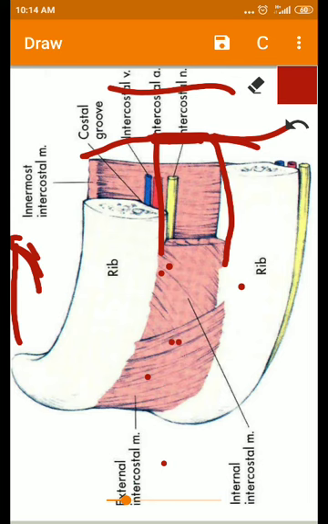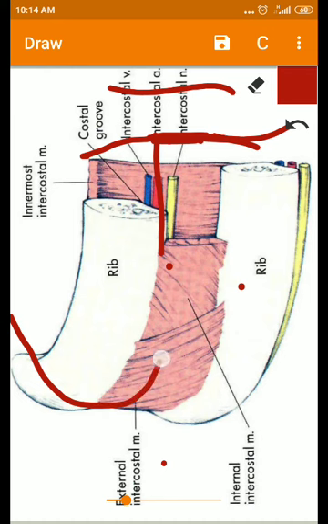Okay, so remember that the external intercostal muscle starts from posterior and ends at the anterior end of the thorax as an anterior intercostal membrane, whereas the internal intercostal muscle starts anteriorly and ends at the angle of the rib. From there it is replaced by the posterior intercostal membrane.